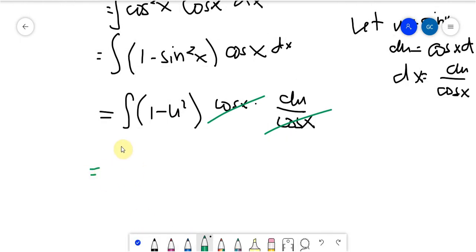It's equal to the integral of 1 minus u squared du.